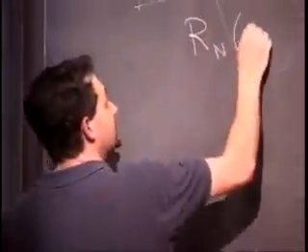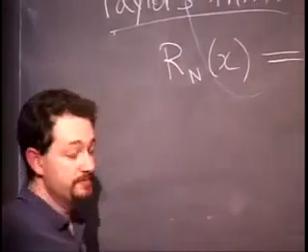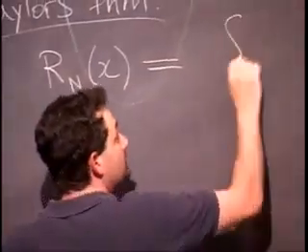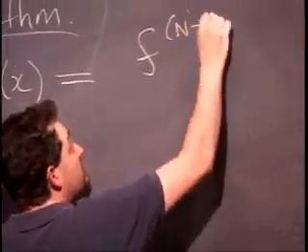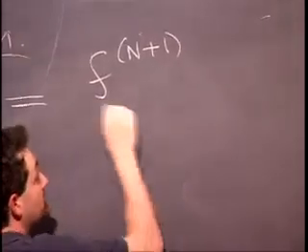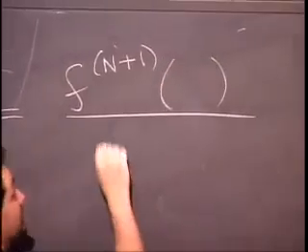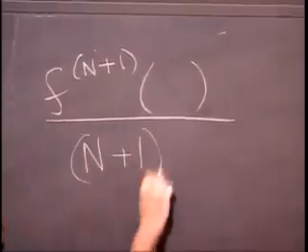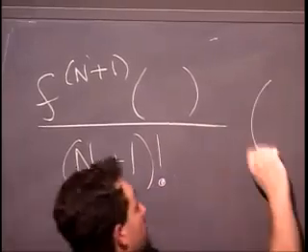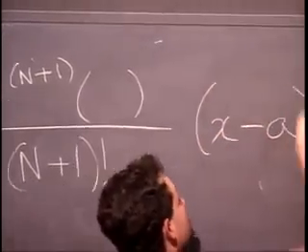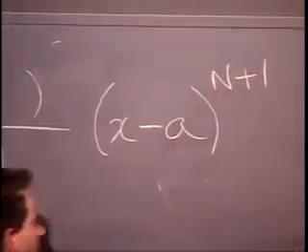Rn of x is equal to... It's very similar to the Taylor polynomial. It's the n plus 1th derivative over n plus 1 factorial, times x minus a to the n plus 1.